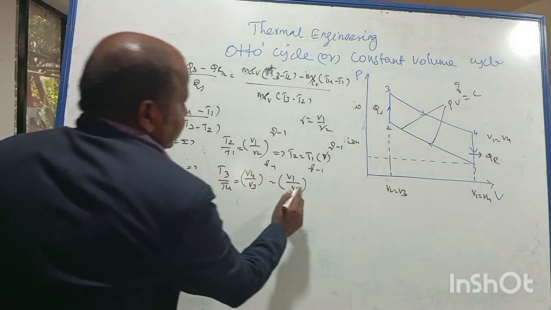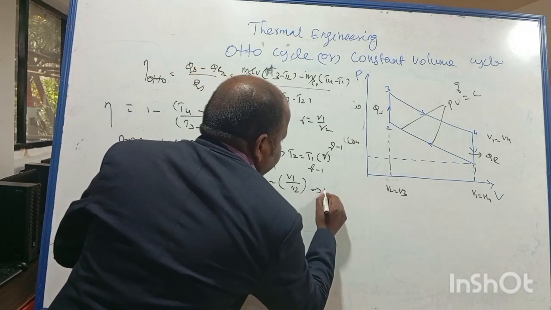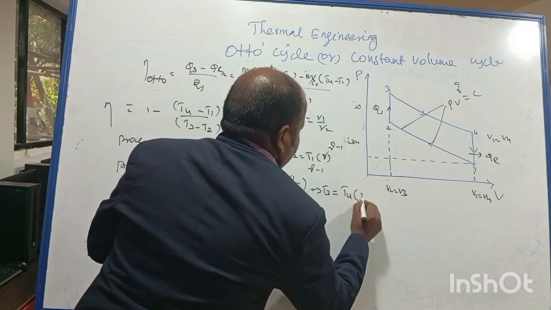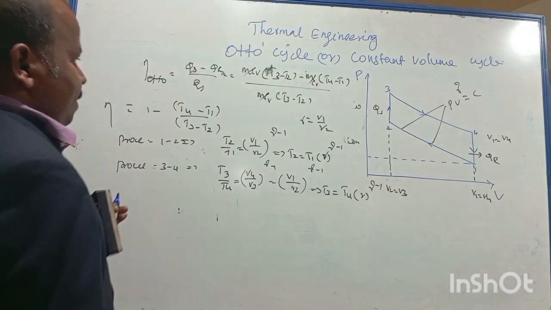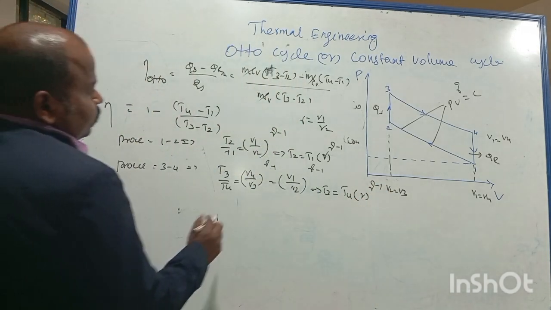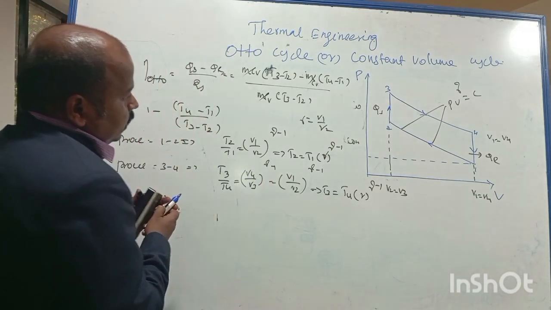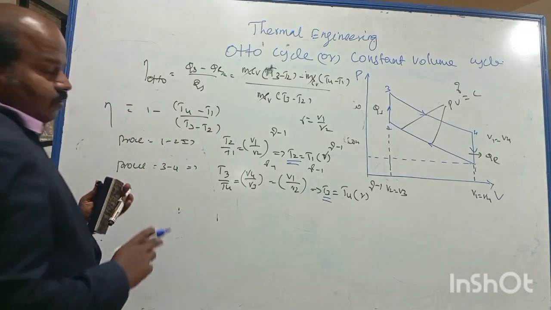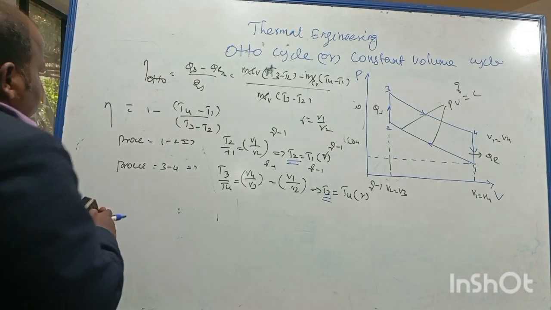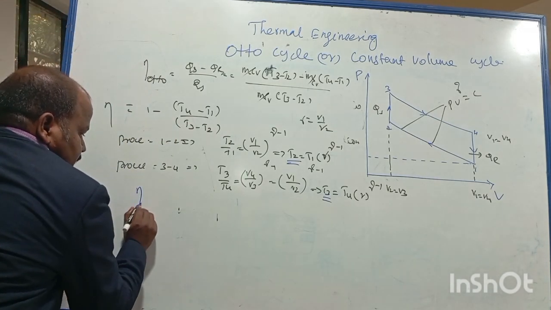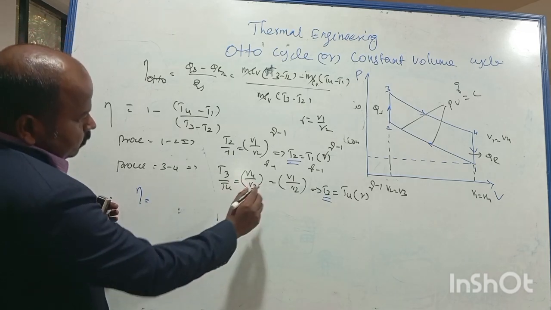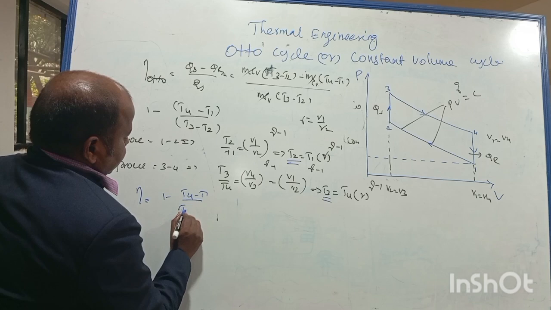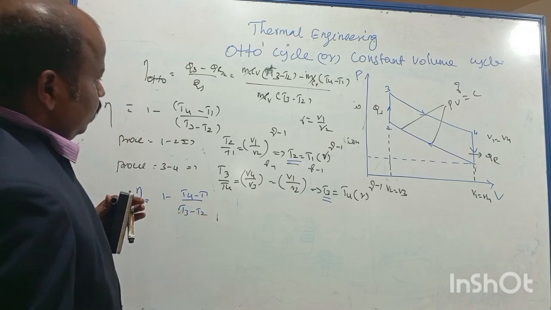Now we are going to get T3 in terms of T4, that is T4 into r to the power gamma minus 1. Now I am going to substitute T2 and T3 in the efficiency equation. So efficiency is equal to 1 minus T4 minus T1 divided by T3 minus T2.